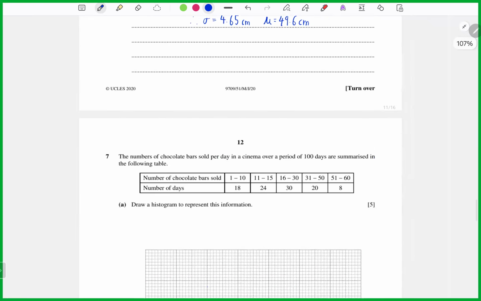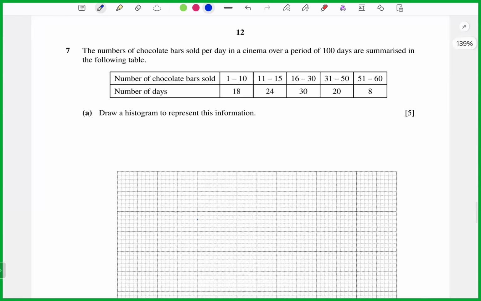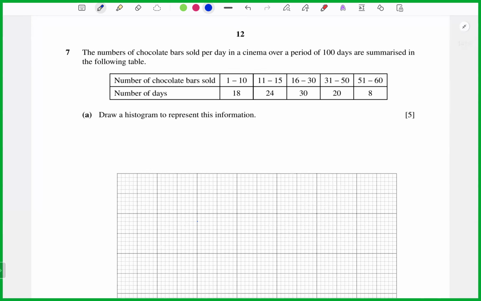Now we try going to the last question, question 7. The number of chocolate bars sold per day in a cinema over a period of 100 days is summarized in the following table. For this table, draw a histogram to represent this information. So now you need to draw out this information, right?